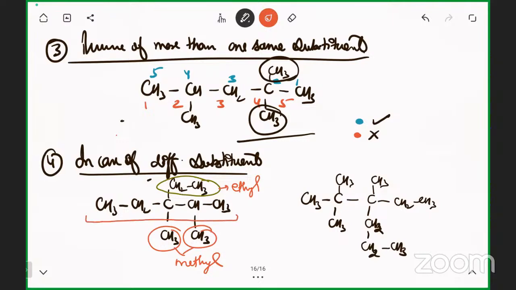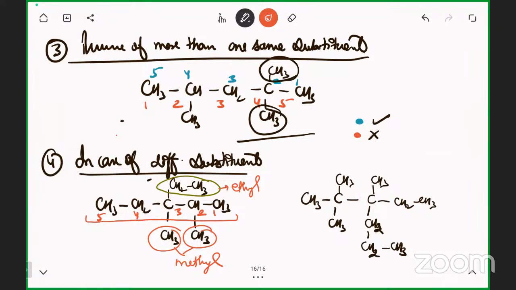But from where should I do the numbering? The main question is from where should I do the numbering? The numbering should be done from the right side, because the substituent is nearer. Even if they have the same function, we have different substituents, so we'll see the position. So we'll do the numbering from the right side, 1, 2, 3, 4, 5. Clear? Done?